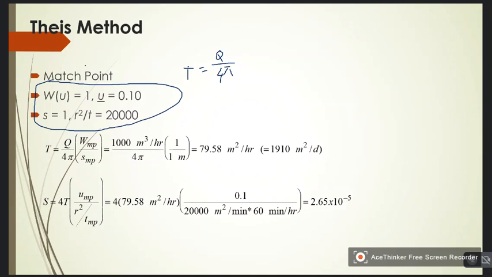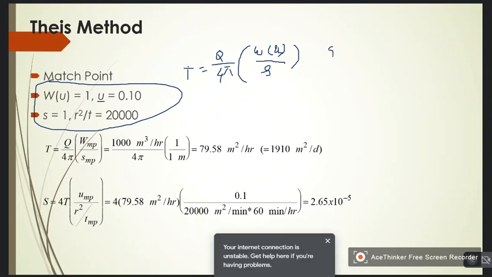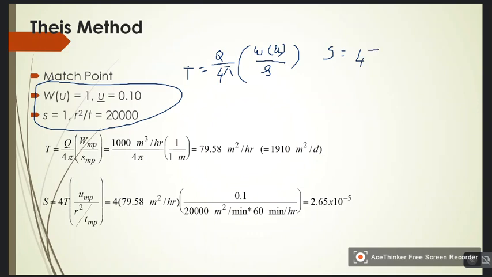So T is equal to Q by 4 pi into W, and S is equal to 4 T U divided by R squared by T. How do you get this?